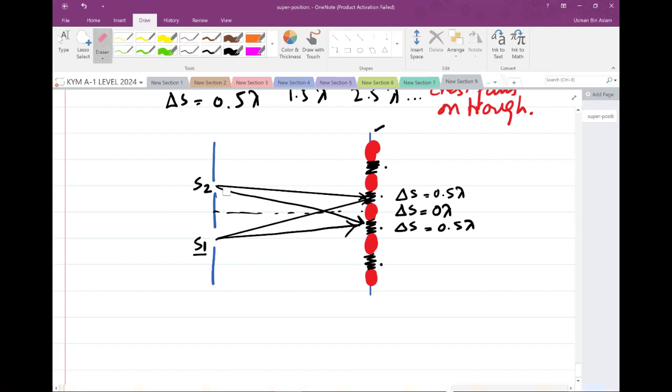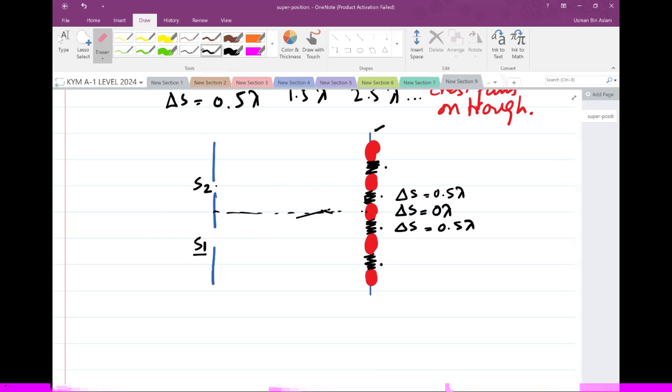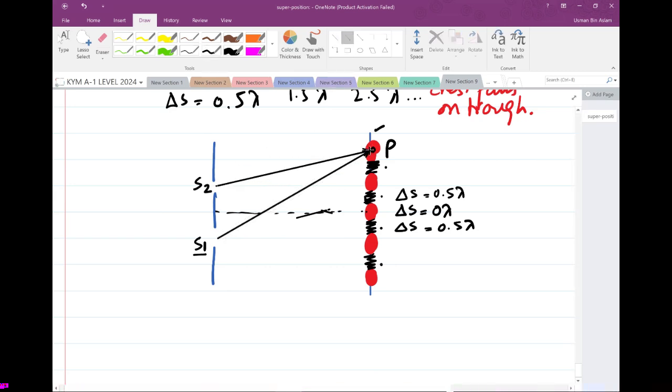Now, I'll give you just one more example and then we'll move on. From this diagram here, let's talk about this one here. Let's call this point P. The wave that is going to come from S1 till P here would have traveled a longer distance. The wave coming from S2 till P would have traveled a shorter distance.